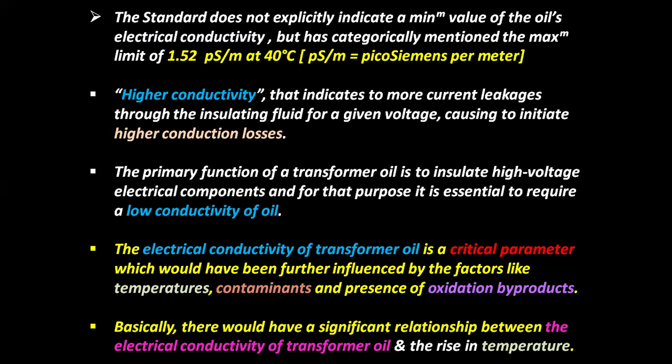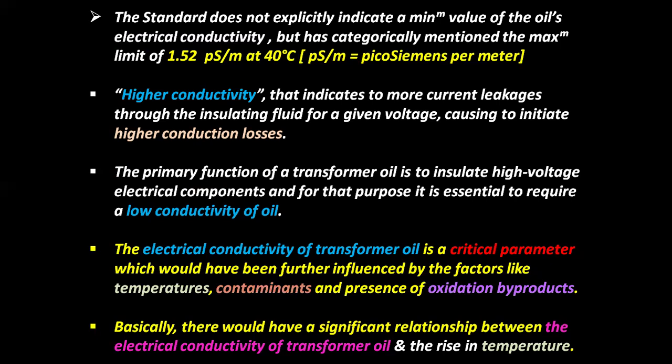The primary function of transformer oil is to insulate high voltage electrical components, and for that purpose it is essential to have a low conductivity of oil. The electrical conductivity of transformer oil is a critical parameter, further influenced by factors like temperature, contaminants, and the presence of oxidation byproducts.